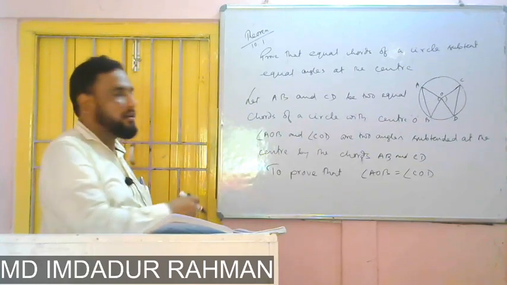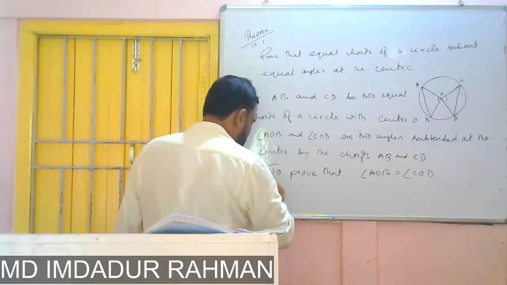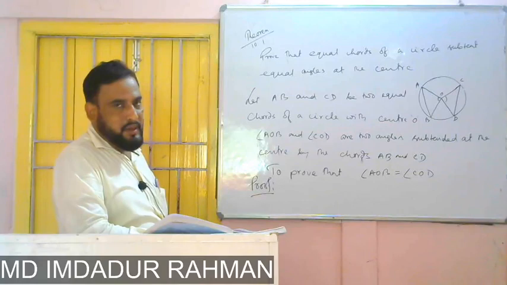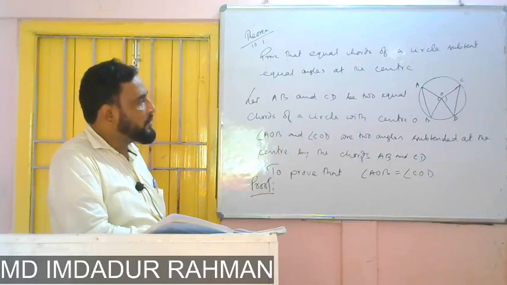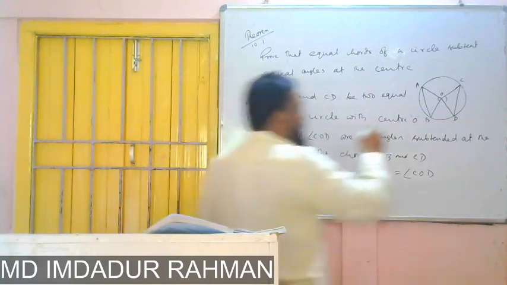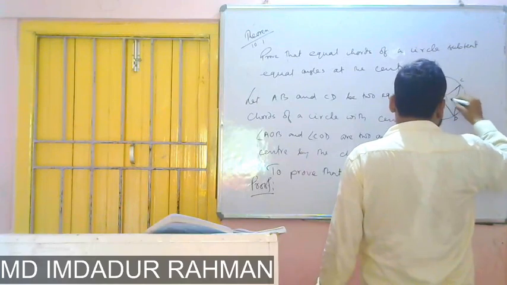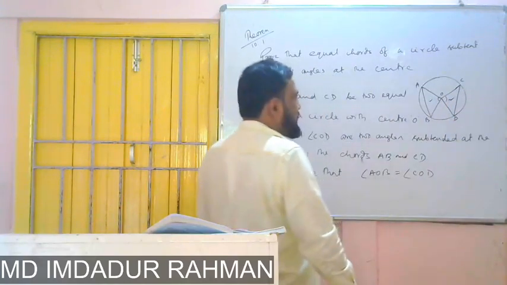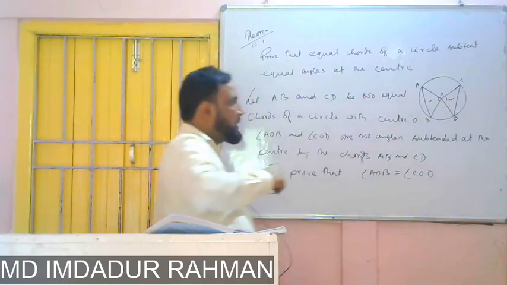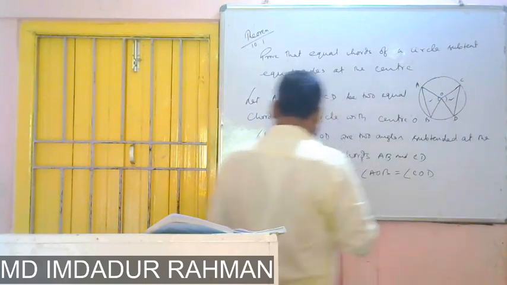Now we are turning to the proof part. To prove this theorem, we will use the fundamentals of congruency of triangles. You see, these two chords with these two angles form two triangles.